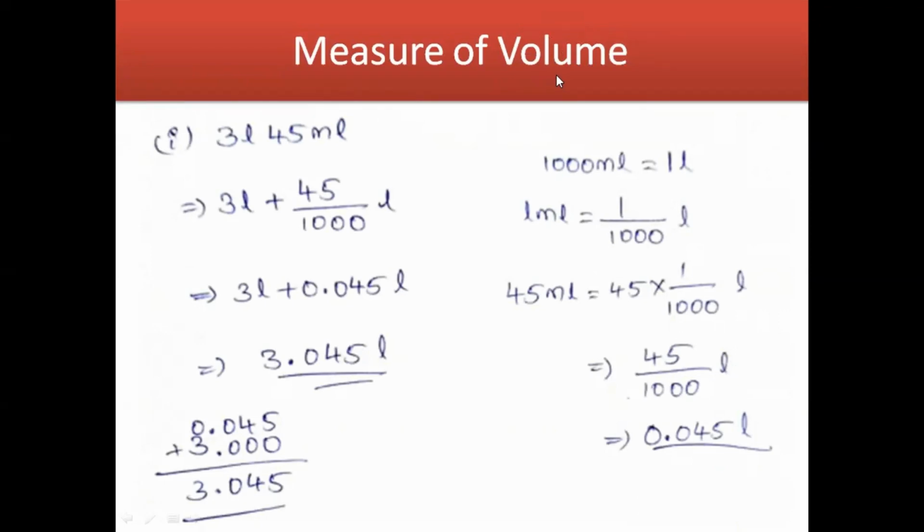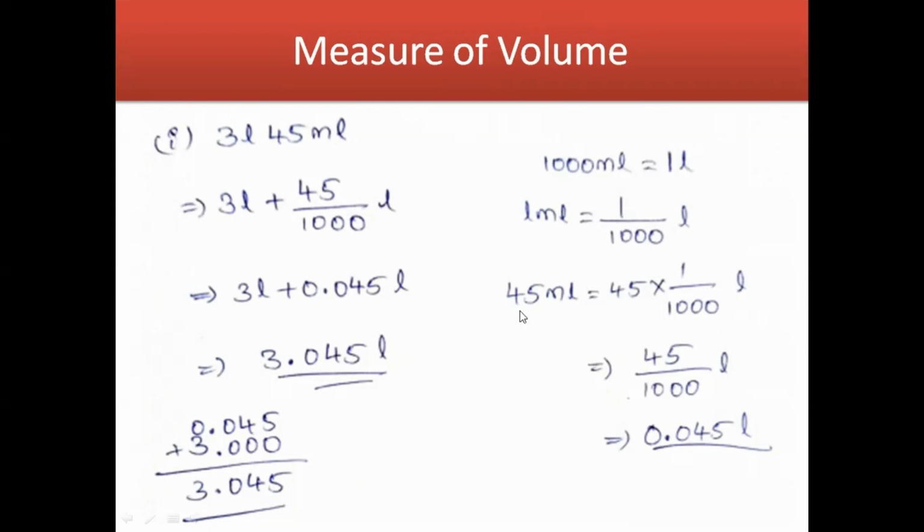Measure of volume. 3 liters 45 milliliters. Now we are changing milliliters into liters. See here 1000 milliliter is equal to 1 liter. 1 milliliter equal to 1 by 1000 liters.